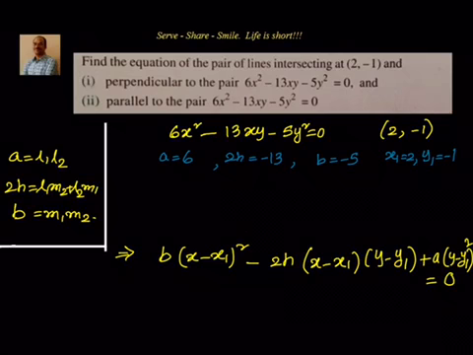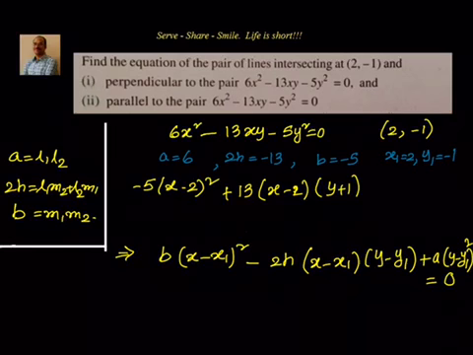b into x minus x1 whole square, so minus 5 into x minus 2 whole square, minus 2h, minus of minus is plus, so 13 into x minus 2 into y minus y1, y1 is minus 1, so it will become plus 1.